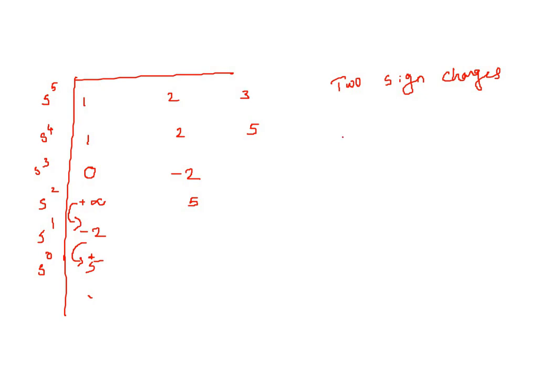Hence two poles are lying in the RHP, that is the right hand side of the S plane, and when any pole lies in the right hand side of the S plane, the system will be unstable.